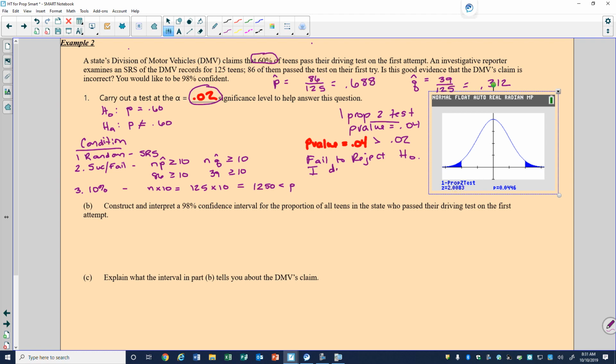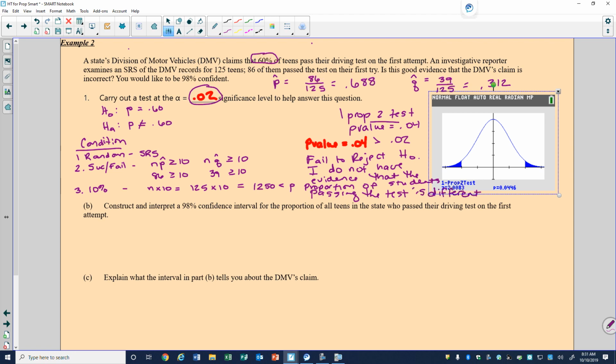That means I do not have evidence that the proportion of students passing the test the first time is different.